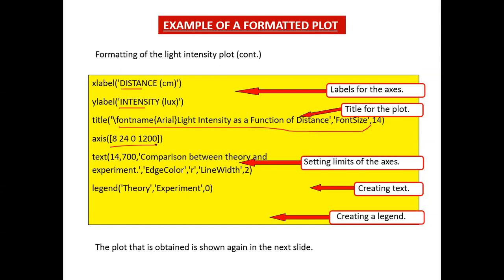After giving the axis values, we give the text, the comparison between theory and experiment. The edge color can also be given, and then the line width. Then we can add the legend, theory and experiment, and 0.